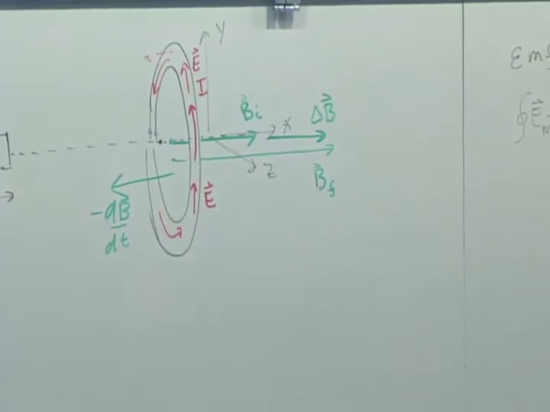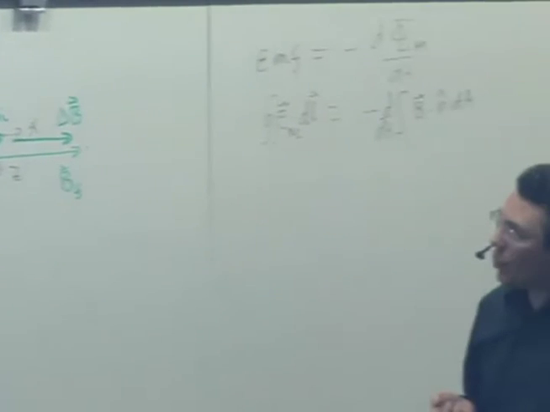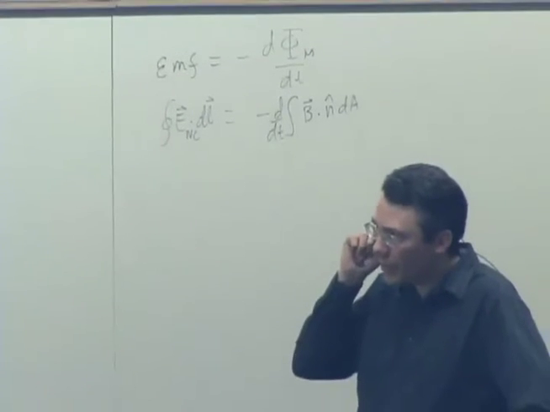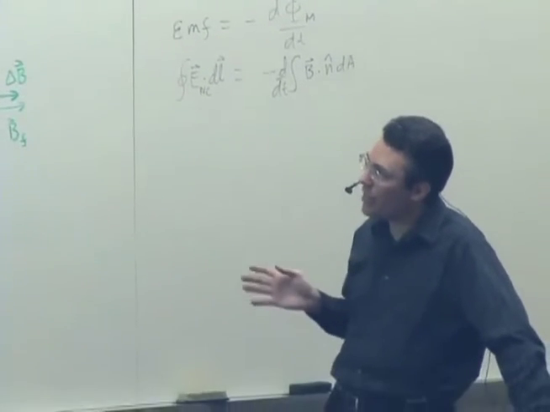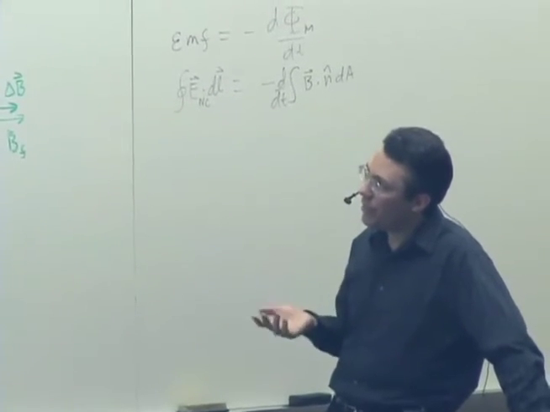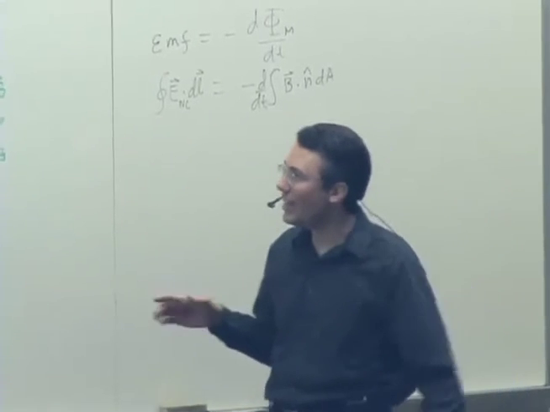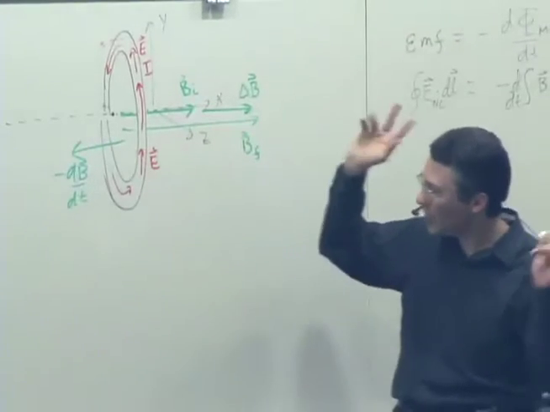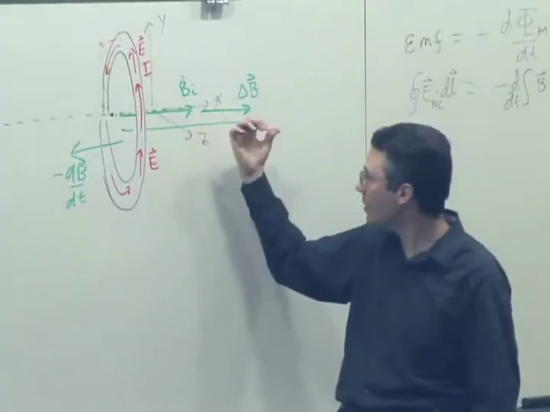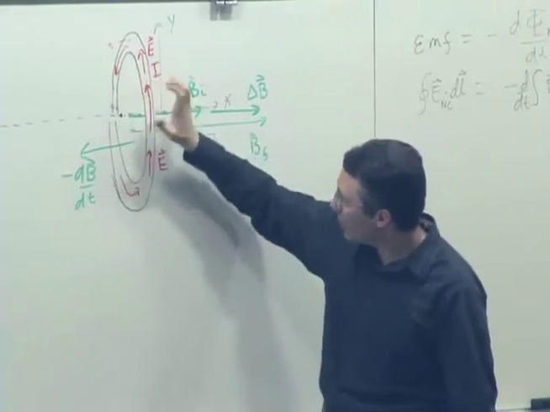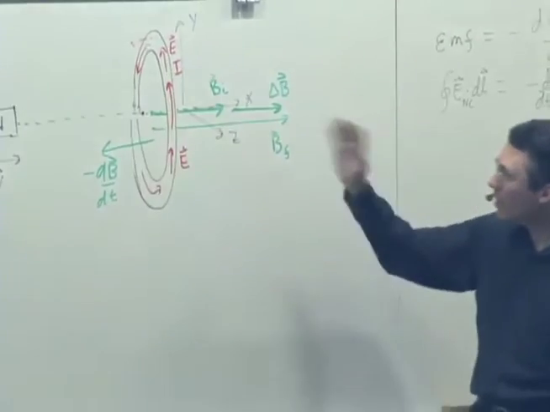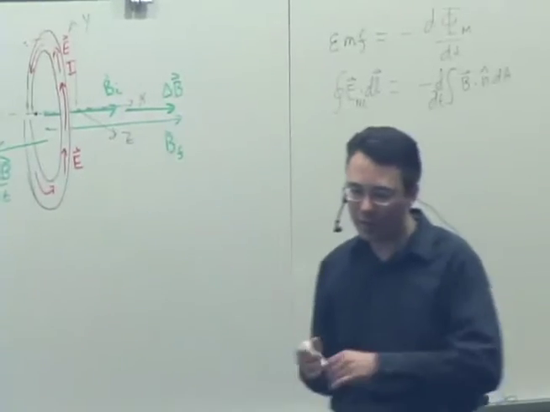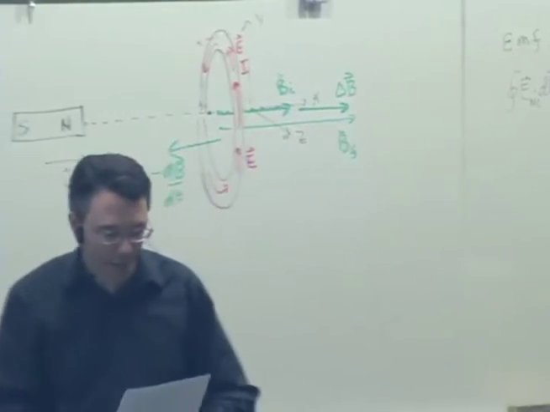Okay, so in some ways of calculating this, we often use something called Lenz's rule, which says that the flux that is induced, or the current that's induced, is in such a way to oppose the change in flux. So there's a change in flux this way, and it's opposing it by creating a magnetic field in the other direction. But it doesn't exactly cancel it out. It's just opposing it. Okay.